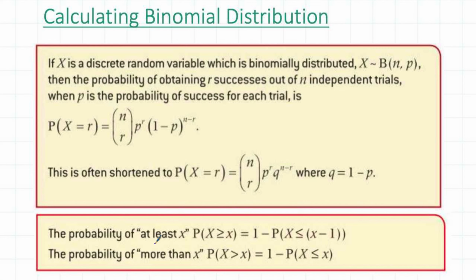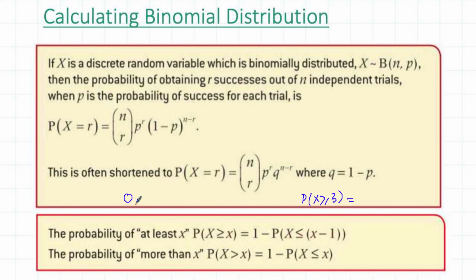So if I'm looking at the probability of at least obtaining an x value, it is the same as taking 1 minus p, the probability of getting less than or equal to that value less 1. So for instance, if I'm doing 5 tosses and I'm looking for at least 3 sixes, remember, you're tossing 5 times.